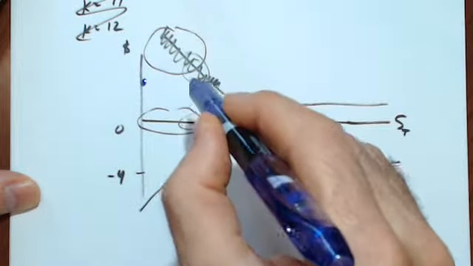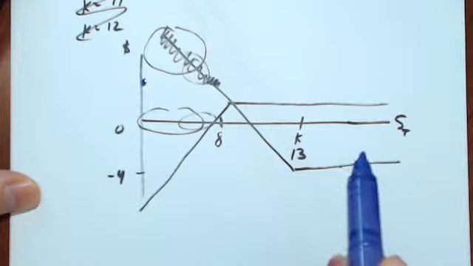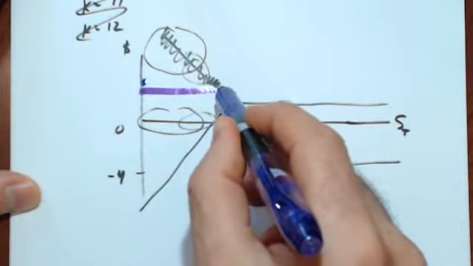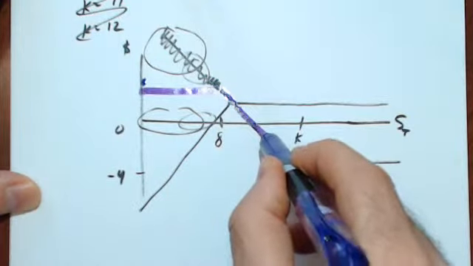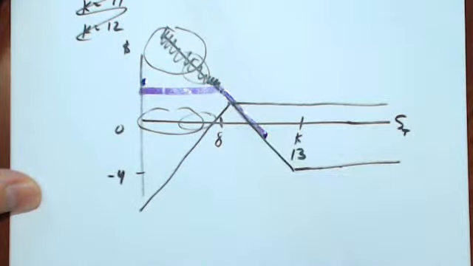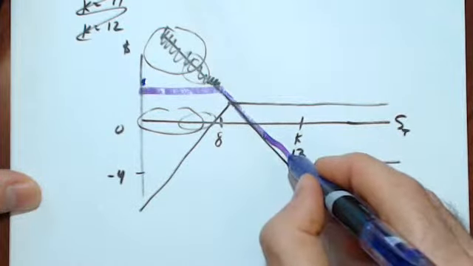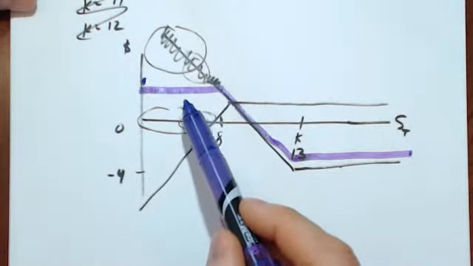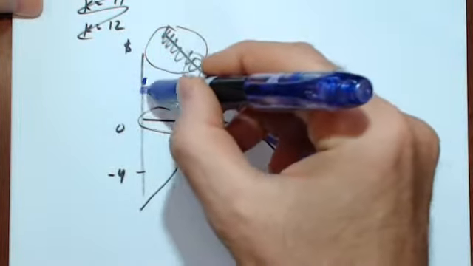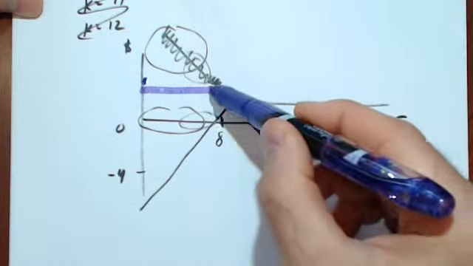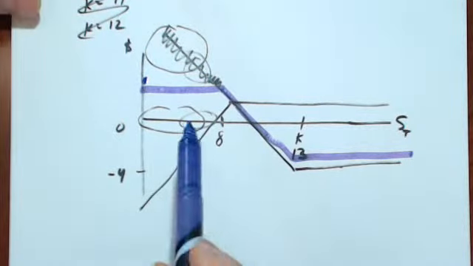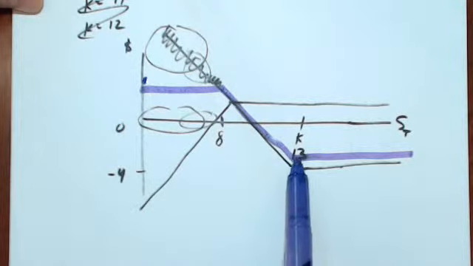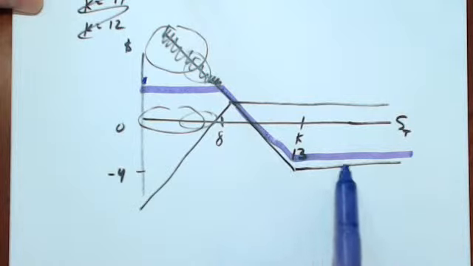It's going to look something approximately like this. You see with this purple line, you're making money in this area, below the strike. Then it kinks at the 8, and then it kinks at the 13, and here's where you're losing money on the upside.